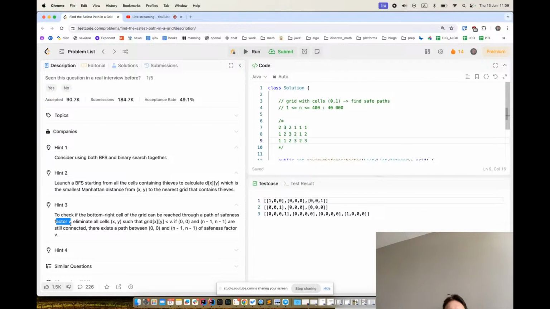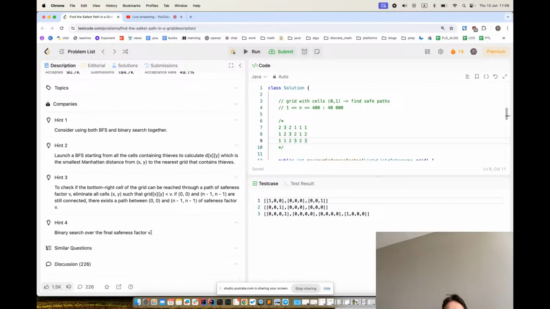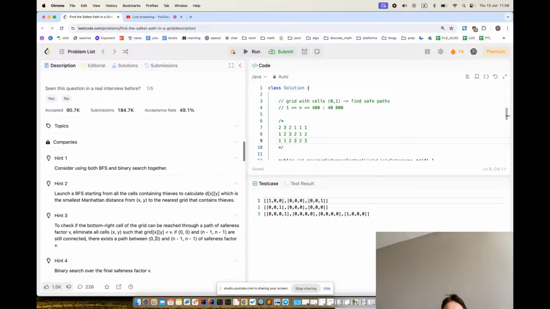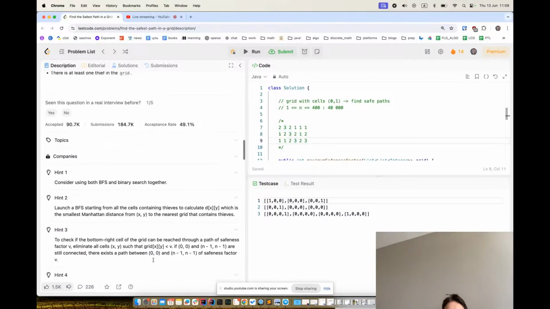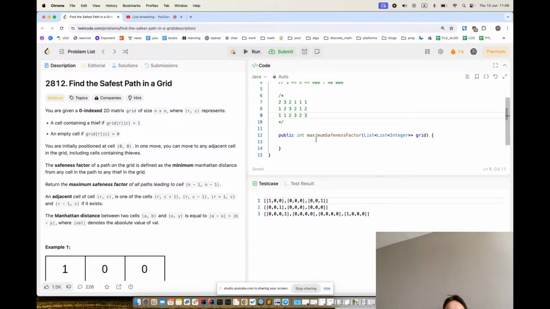Yeah, but how can I know the safest factor V? Actually, binary search on the final safest factor. So here I have 3.